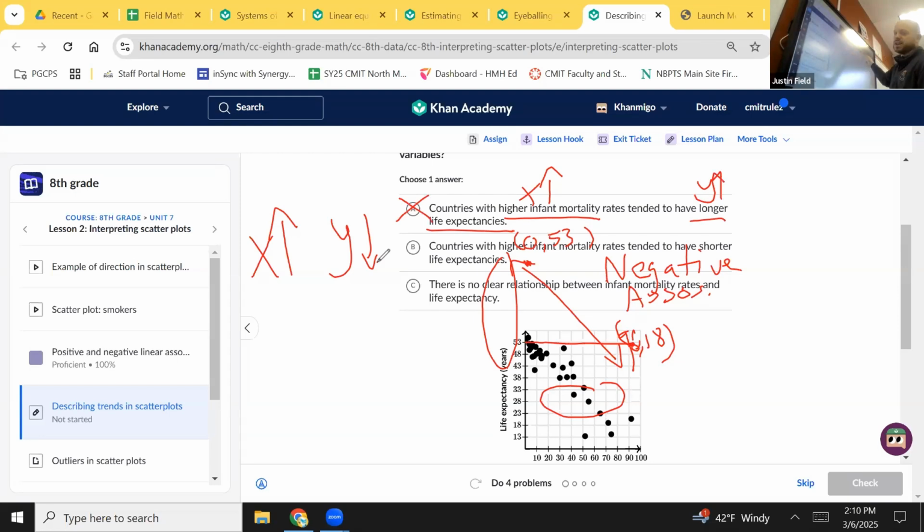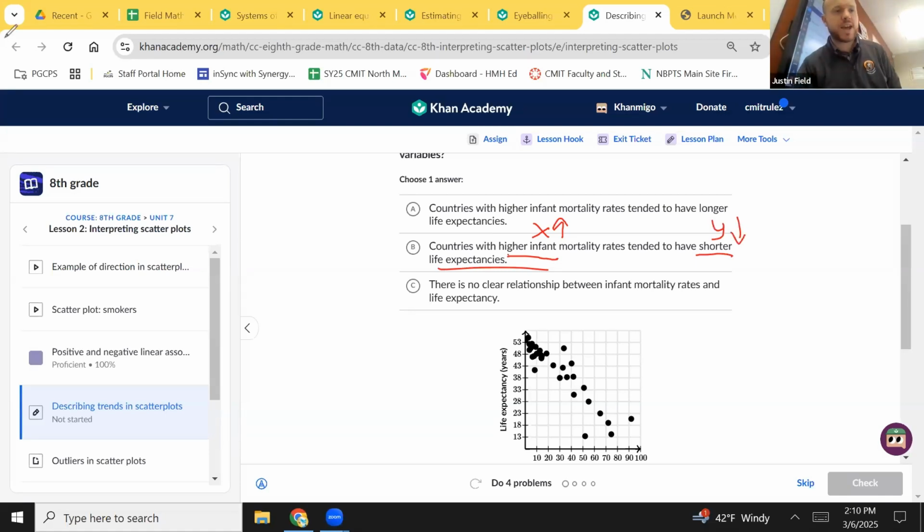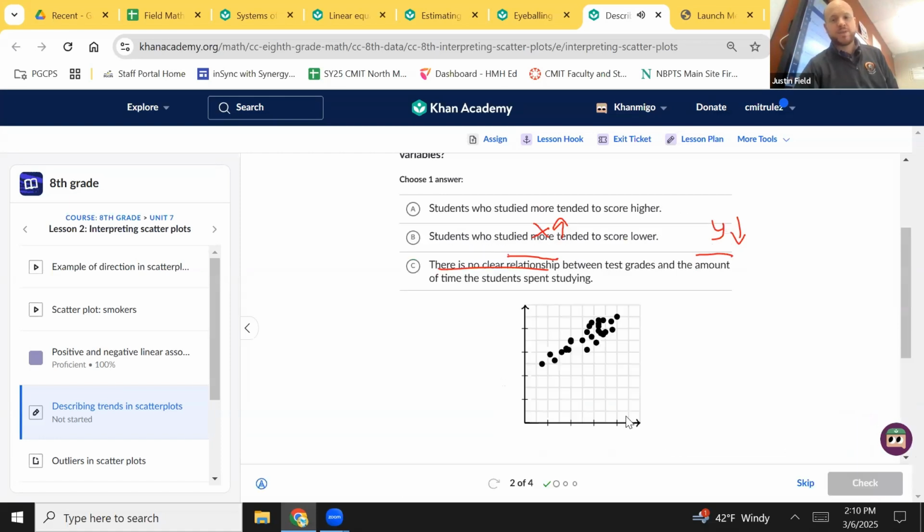That's not right because that's saying as x increases, y increases. How about this one? High infant mortality, so that's talking about x increasing, have a shorter life expectancy, y decreasing. And I know that is what I had said. And it's not C because we do see a pattern. That's how you do that.